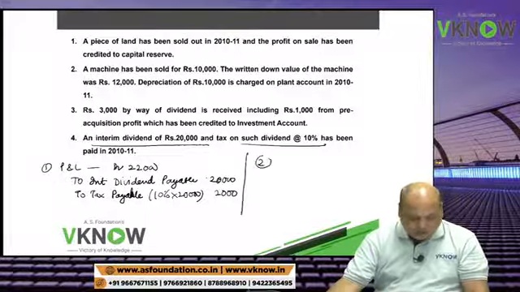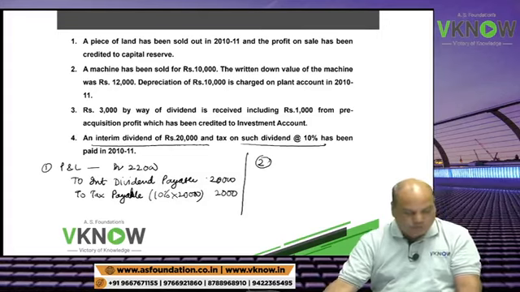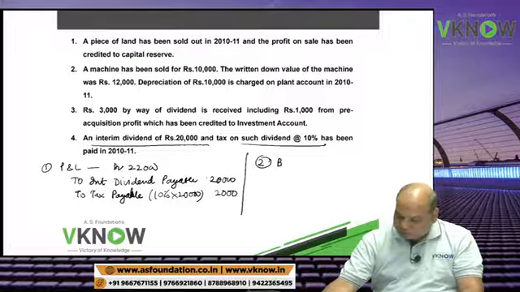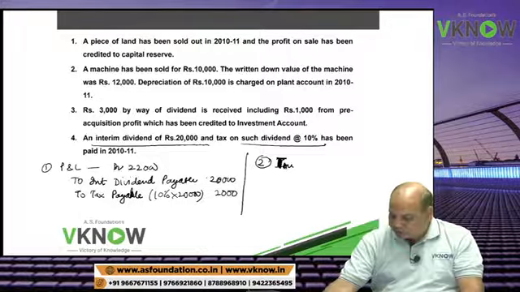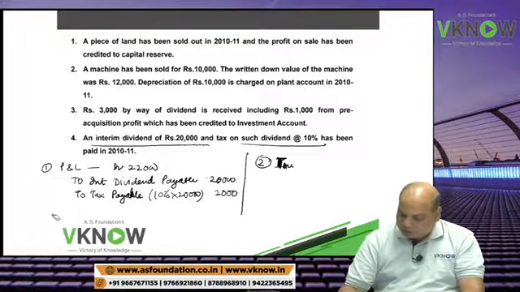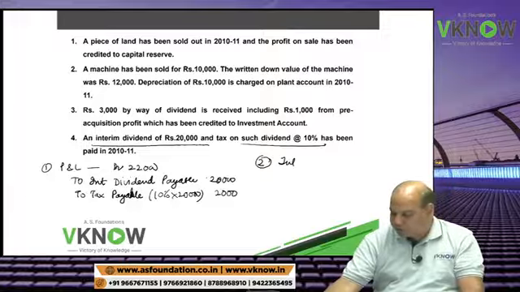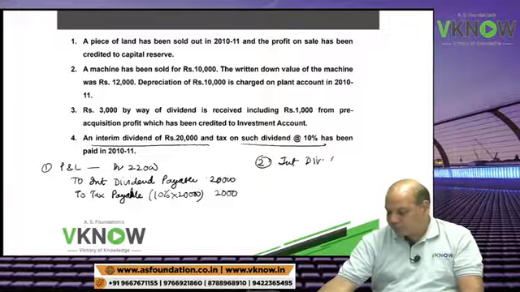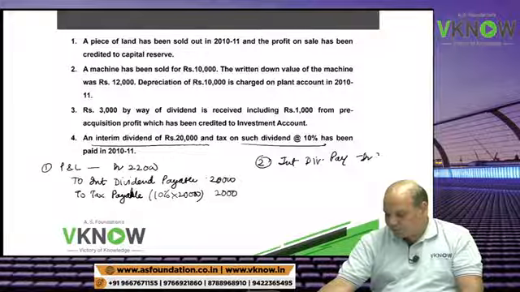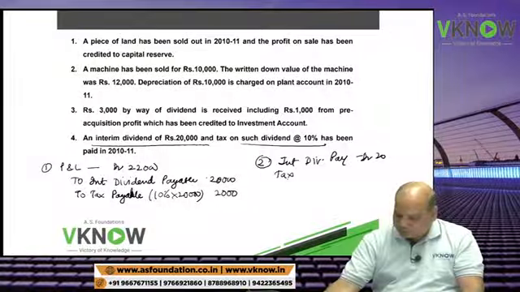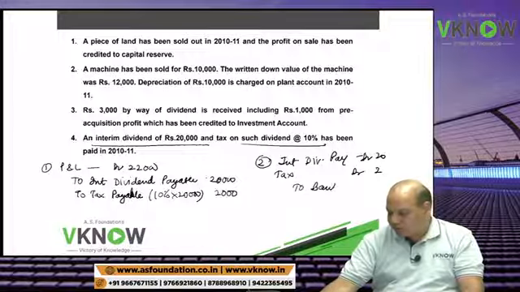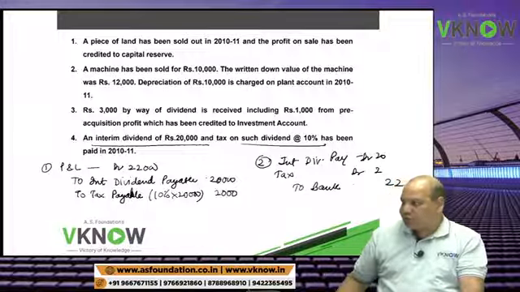And then the second entry would be you will have to make the payment. The entry for making payment will be interim dividend payable account debit 20,000, tax payable debit 2,000 to bank 22,000.